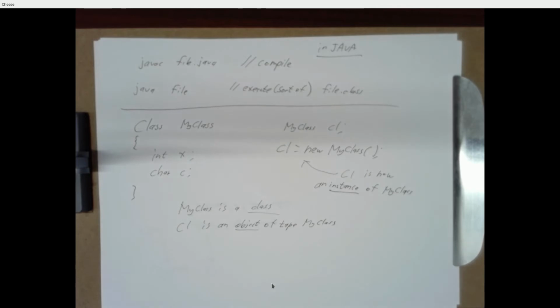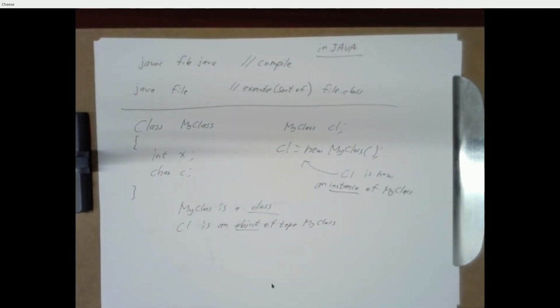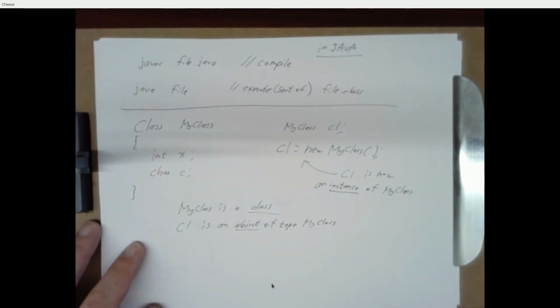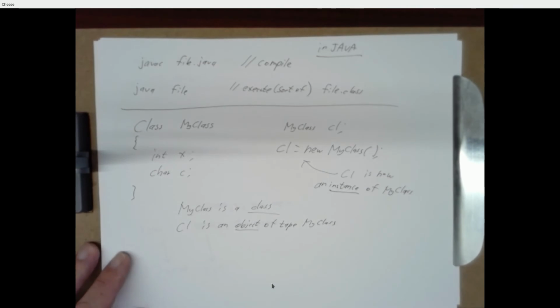Okay, so how can we think of this? This class is like a blueprint. It's saying if you want a my class, you're going to have an integer named X, you're going to have a character named C. And here you're saying, okay, I want CL to be one of these my class things. So you're saying I want you to use the blueprint for a my class when you make me a CL, but you haven't made a CL yet.